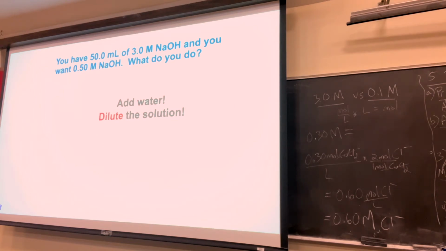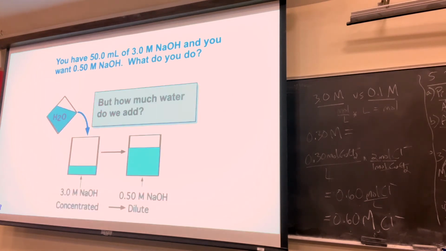And we want to add just enough water so that we end up with 0.50 M. But the question becomes, how much water do you want to add? You don't want to add too much water, so this number would be less than 0.50, but you want to add enough water. If you added less water, then we might end up with like 0.7 moles per liter.